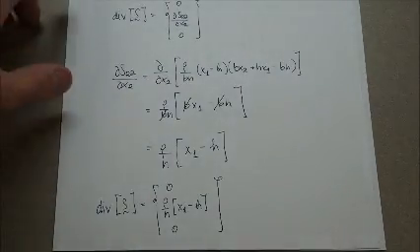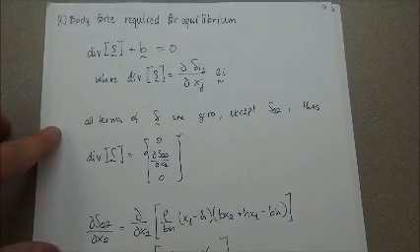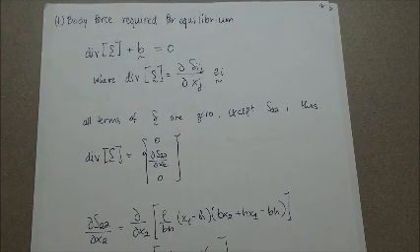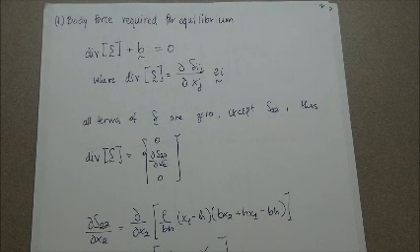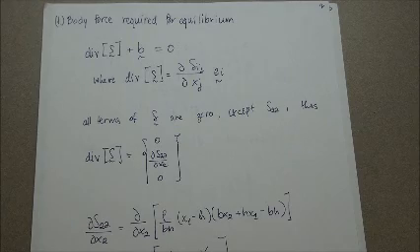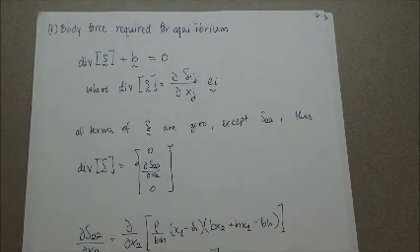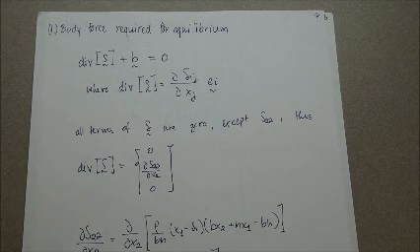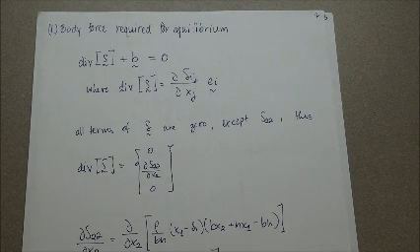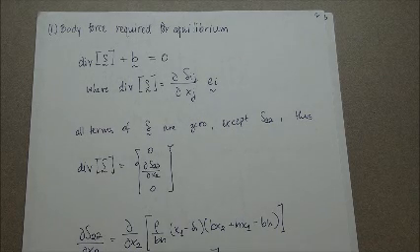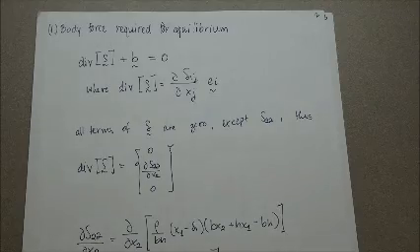To start out, we can look at the body force required for equilibrium. The condition of equilibrium is that the divergence of the stress tensor plus the body force is equal to 0. The divergence of the stress tensor is given by this expression. We can see that all terms of the stress tensor are 0 except for S22, which gives us a divergence of S with component 0, in E1 the partial of S22 with respect to x2, and 0 for the third component.